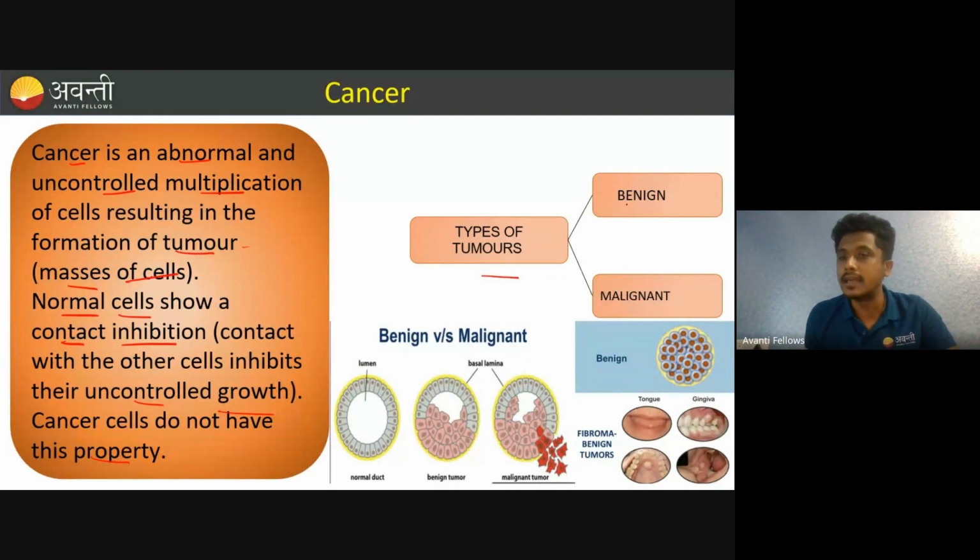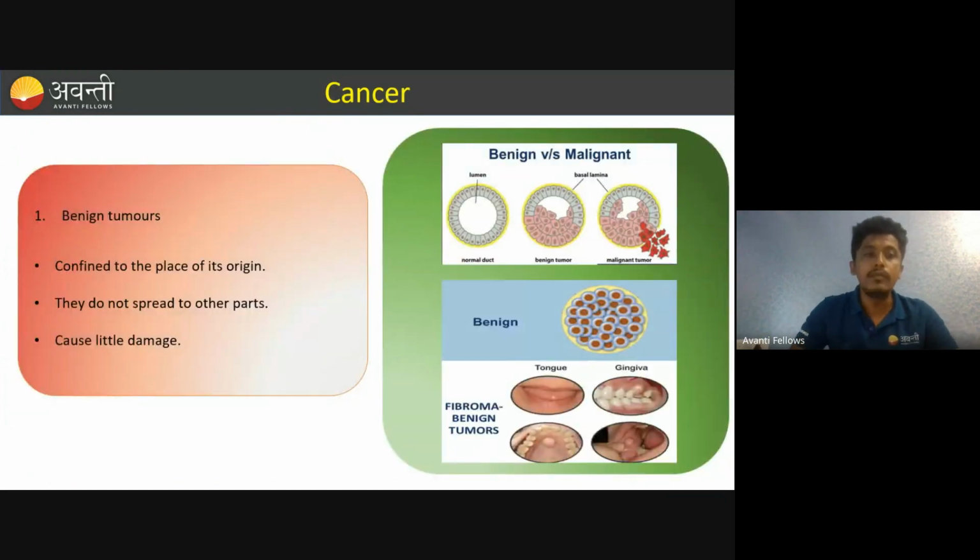So when we talk about cancer, cancer can be divided into two types. One is benign cancer, other one is malignant cancer. Localized cancer, non-localized cancer. In a benign tumor, a particular layer of the cells get cancerous and they start proliferating to form a tumor or a mass of cells or tumor mass.